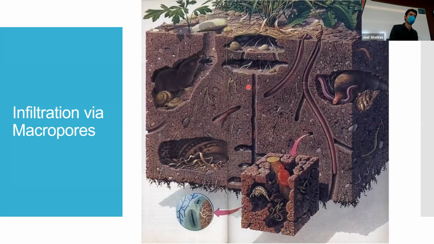These are things that develop naturally over time when you don't have a lot of cars driving over the dirt and compacting soil and stuff like that. These pores are preferential flow paths in the soil, and if they connect over distances, then water can infiltrate more quickly into soils because of them. So from a scientific standpoint, from understanding how water moves through a soil column, macropores actually play a really important role in that.